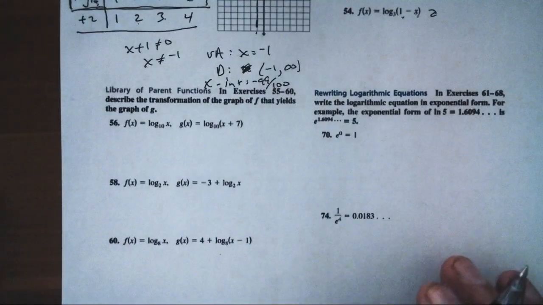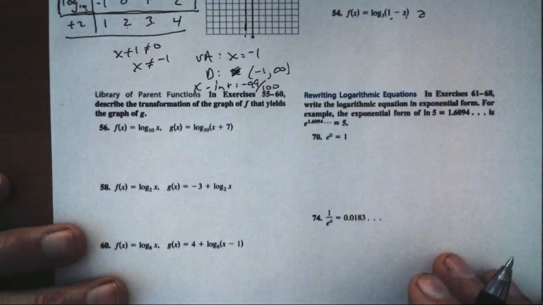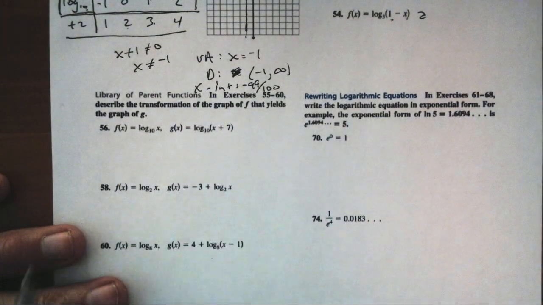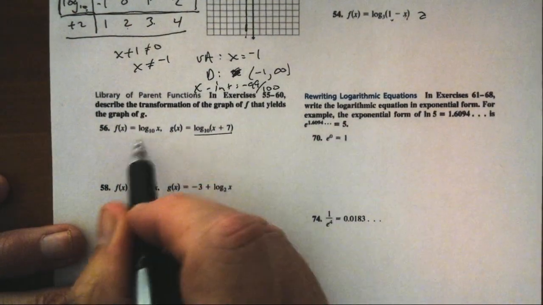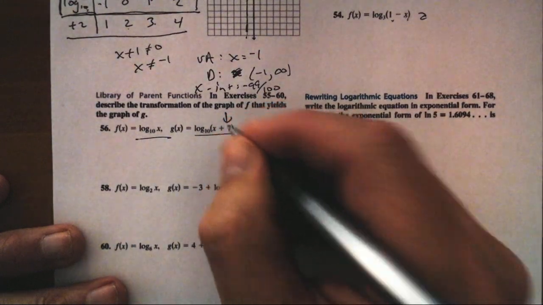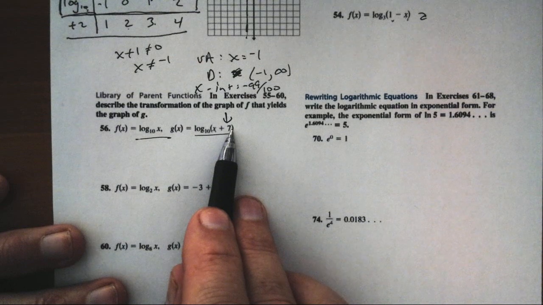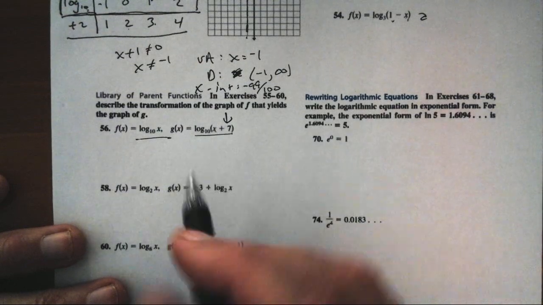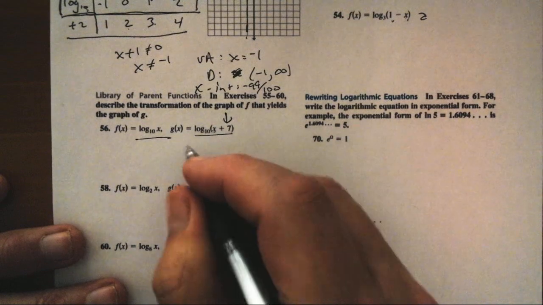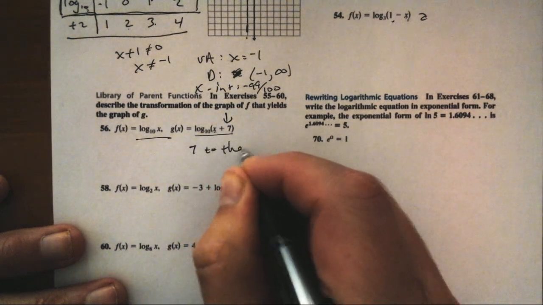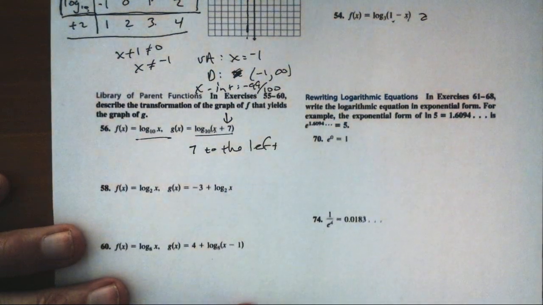Okay, just like the last section, I'm not interested in you sketching these. I just want to know, in fact it doesn't even ask you to here, how does this graph differ from that graph? We have plus 7 as a pre-function. That affects the x. That's a 7-day head start, so everything happens sooner. Or the interesting value is negative 7, that is 7 to the left.